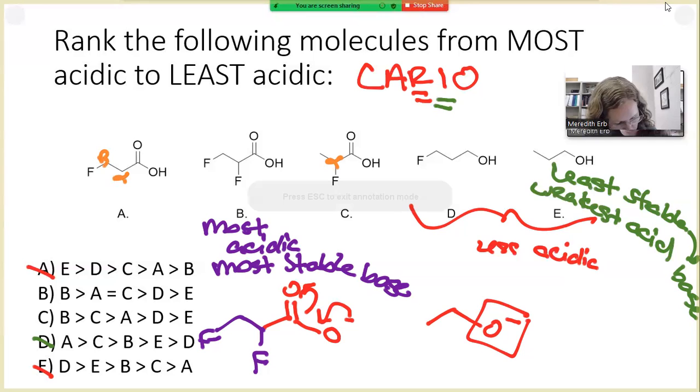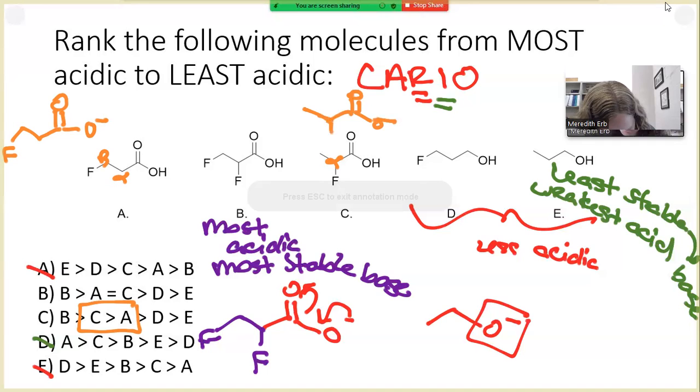So C is going to be more stable, and thus molecule C will be more acidic than the anion of molecule A. If you wanted to think about what those conjugate bases look like, you would have this guy and we would have this guy. Having the fluorines closer is a stronger inductive effect.